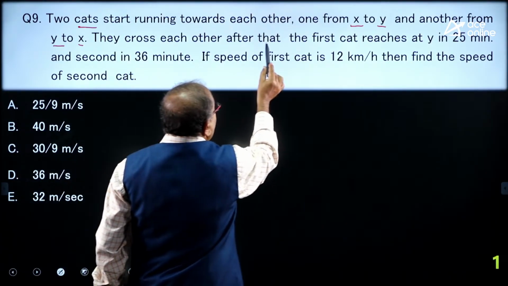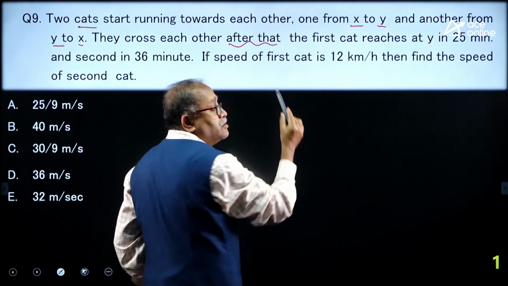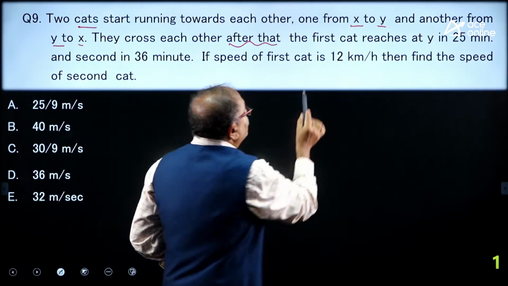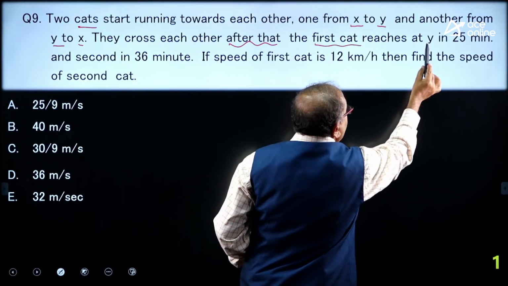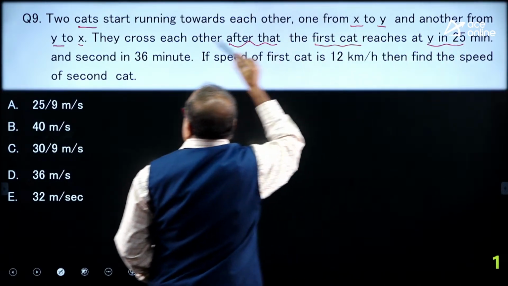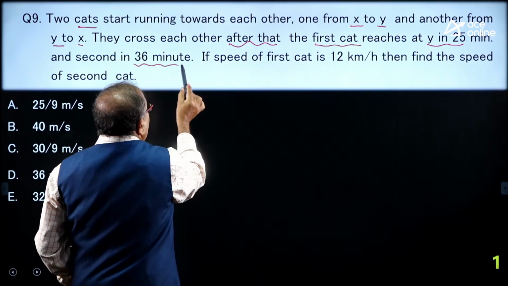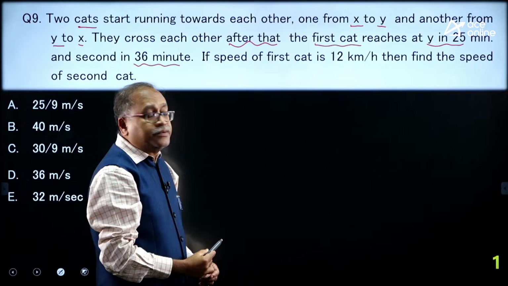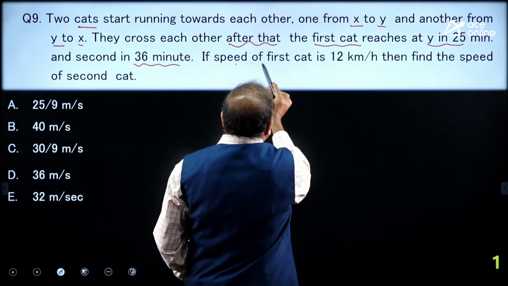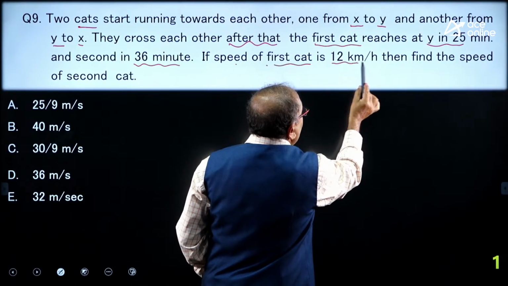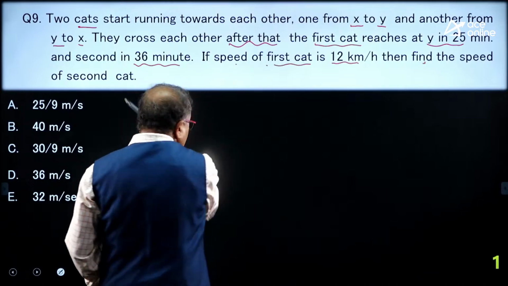They cross each other, and after that the first cat reaches y in 25 minutes and the second reaches in 36 minutes. The question is, speed of the first cat is given to us, find the speed of the second cat.